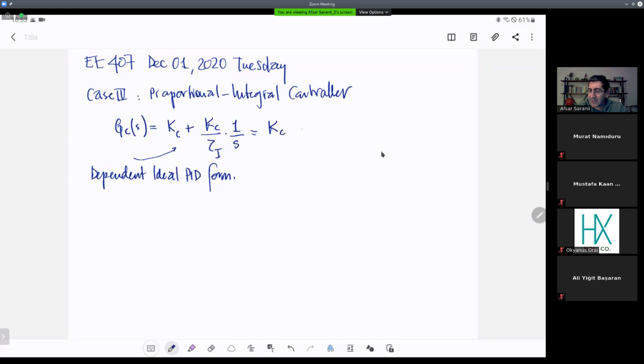Let me manipulate this a little bit. This becomes Kc times S plus 1 over tau I, with an S in the denominator.